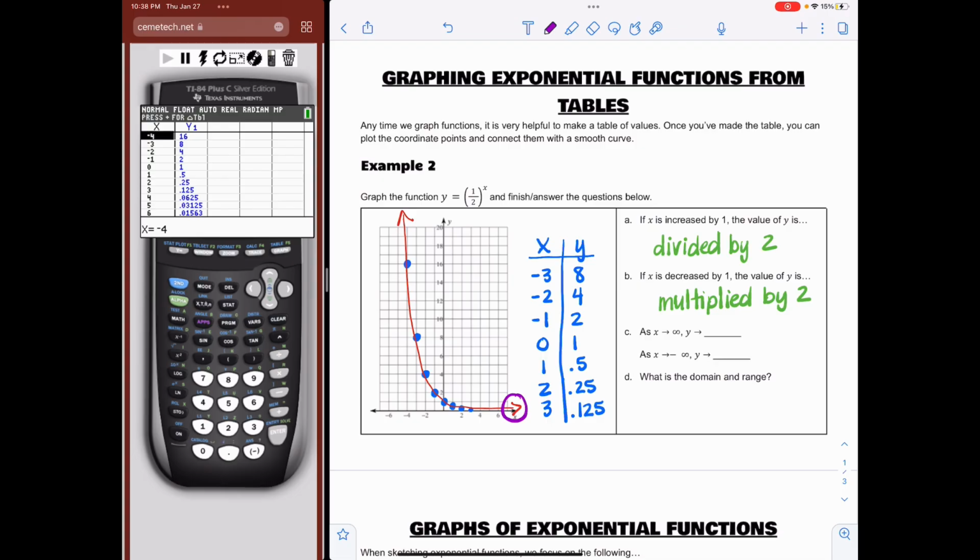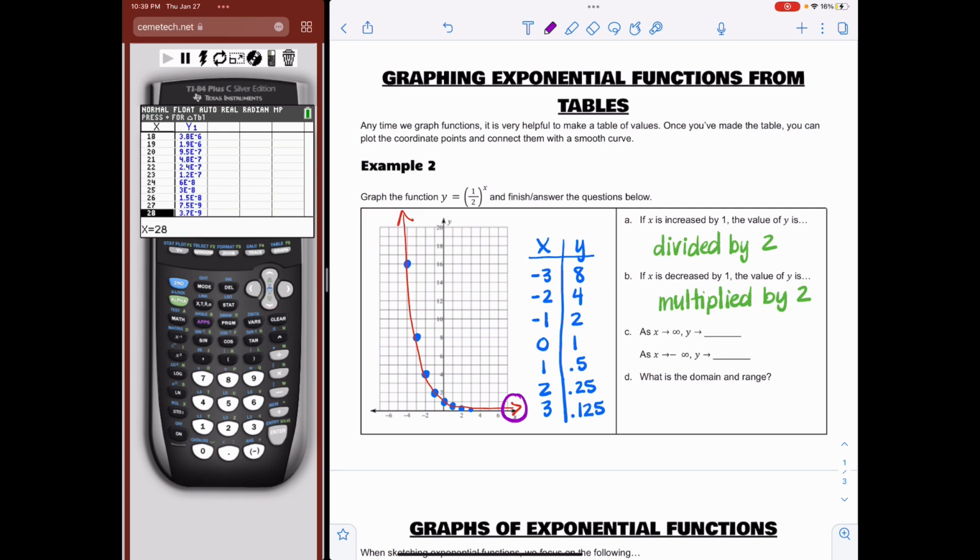The reason I'm saying this is because if I look at the table, if x is going to positive infinity, that means x is going to keep getting bigger. And as we can see here, we start seeing numbers in scientific notation for the y values, because we see the e and then some negative numbers.